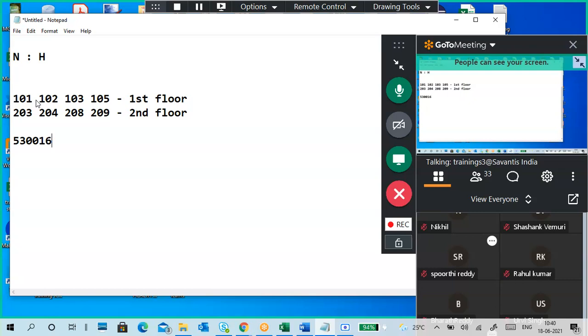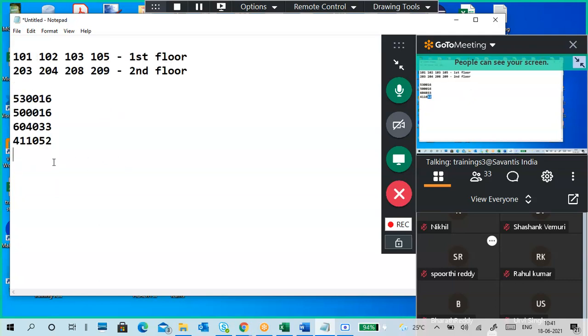What does this mean? Pin code. Yeah, pin code. What is the difference between this pin number and that pin number? Cities. This is for me. This is for Pune people. 5 represents Andhra Pradesh, Telangana.